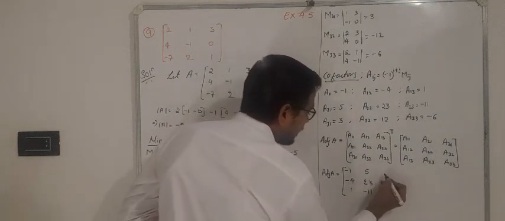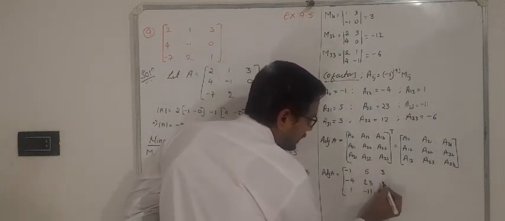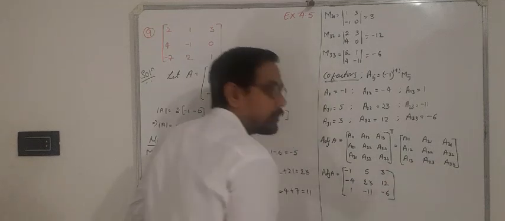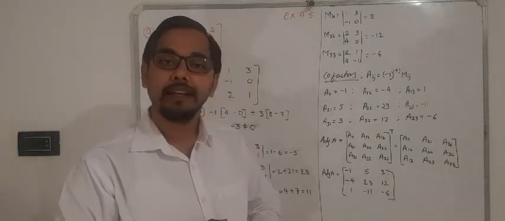Next A31 is 3, A32 is 12, A33 is minus 6. This is our required adjoint A, right?